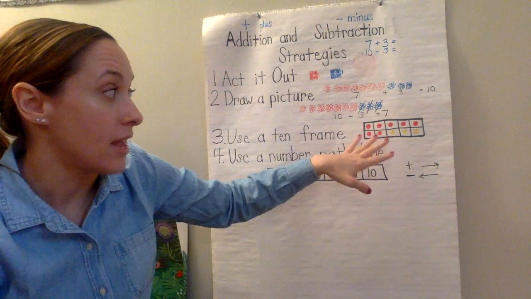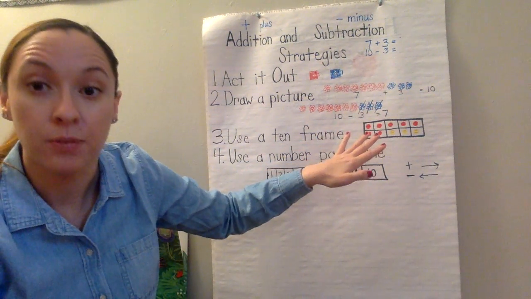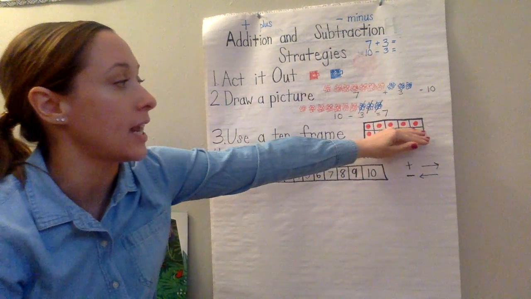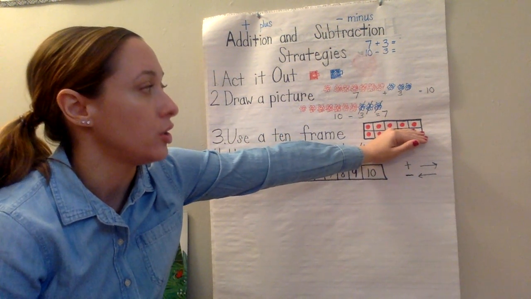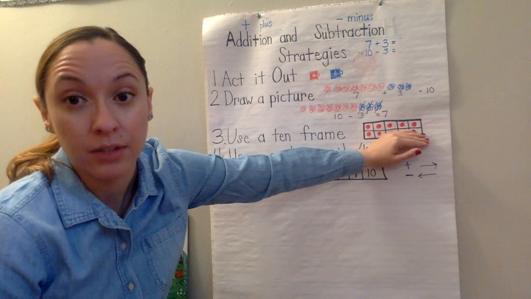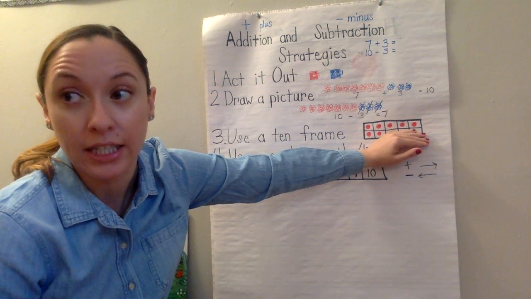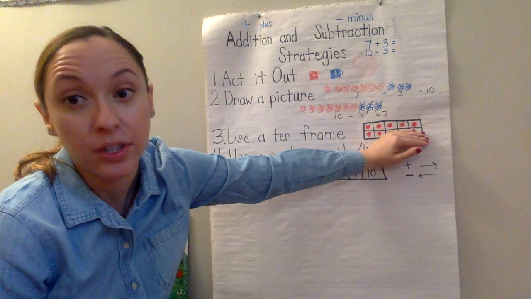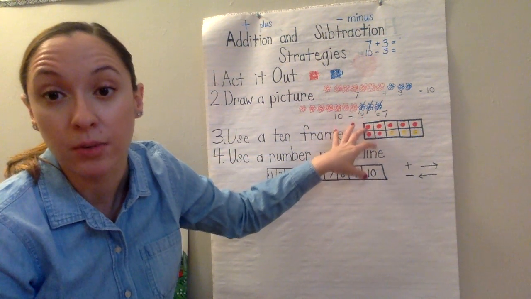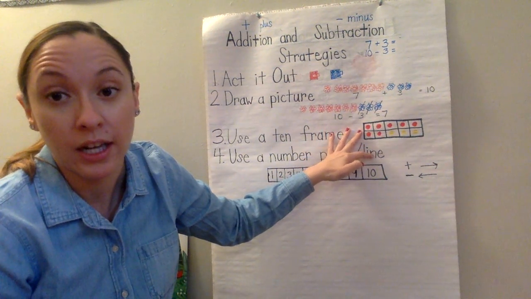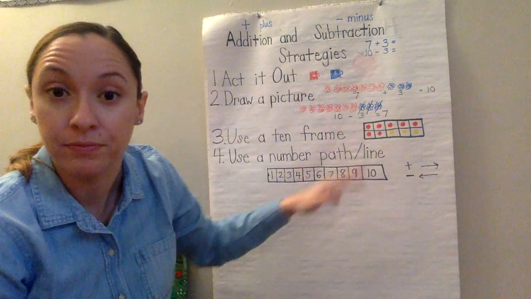And then the opposite of that, when we are subtracting, if I had 10 total and I said take 3 away, you could look and see that there are 7 left. And again, just being able to look at the 10 frame and see visually the different combinations that you can use to make 10. This is one of our math foundations. So this is super helpful if you can practice this at home.